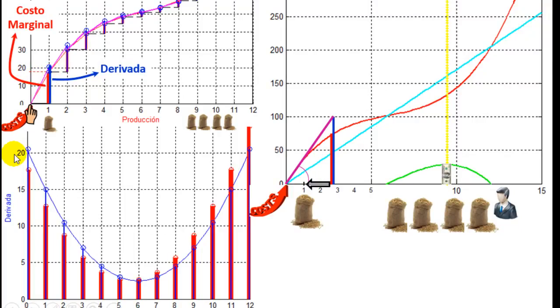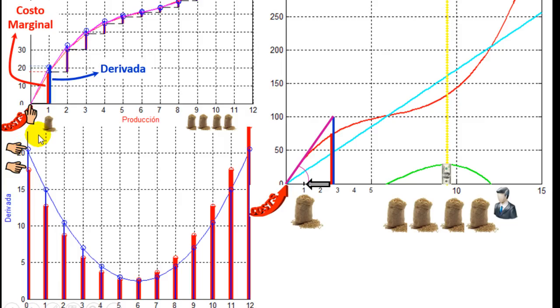Here we see that the red segment, which is the marginal cost, is a little lower than 20 in this point, whereas the derivative, which is the tangent in this point in 0, is a little above 20, which is this point. So in 0 this is the marginal cost and this is the derivative.